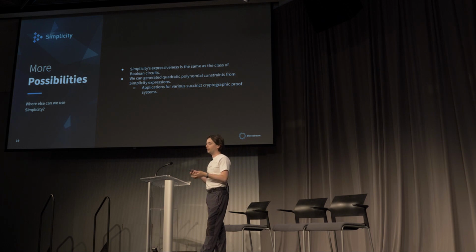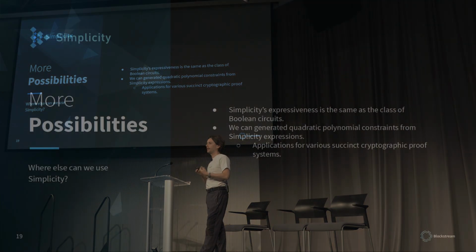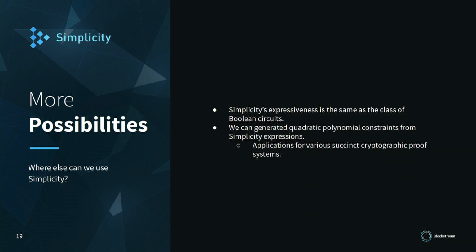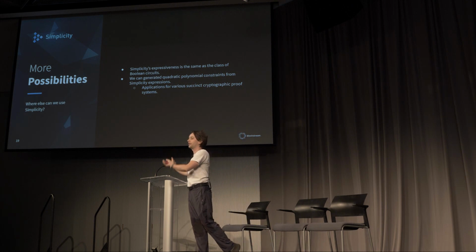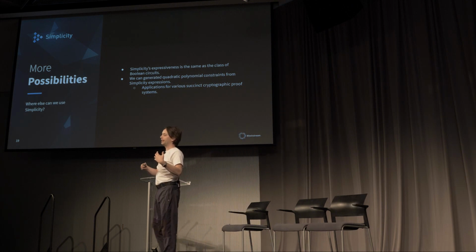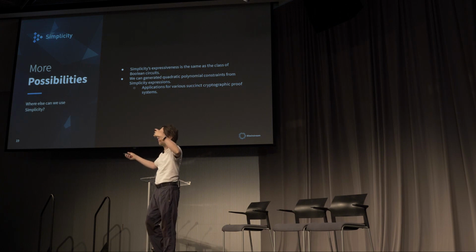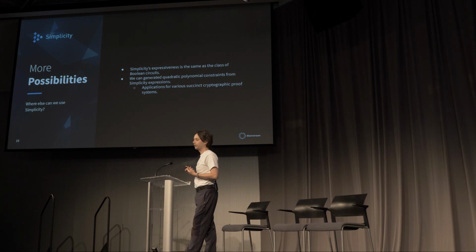And in closing, I want to mention, although Simplicity is designed for this blockchain application, Simplicity's expressiveness turns out to be basically the same class as that of a Boolean circuit, right? And so, for instance, a Boolean circuit is actually just a special case of our arithmetic circuit. And if you've gone to some of the talks here, what we can do is generate from Simplicity expressions a set of quadratic polynomial constraints that basically evaluate the Simplicity program as an algebraic constraint system.